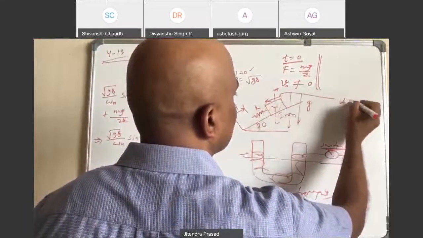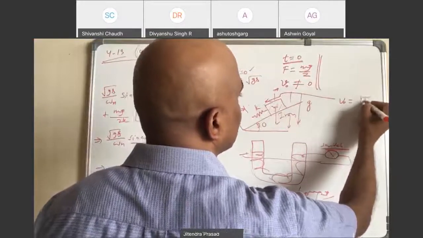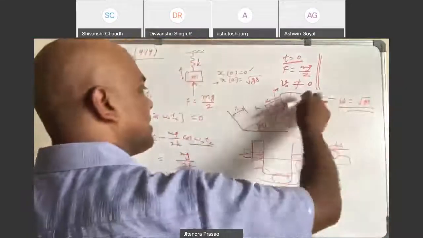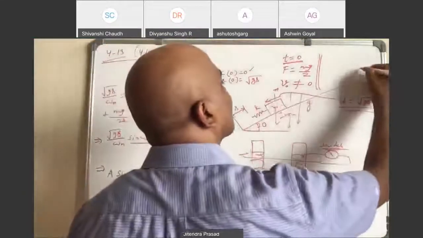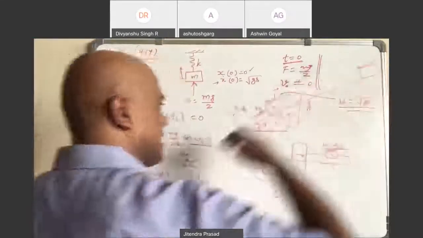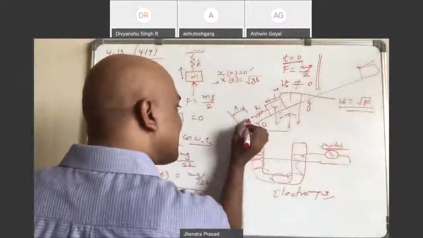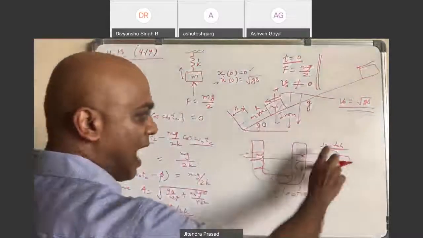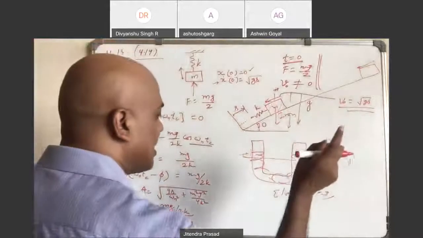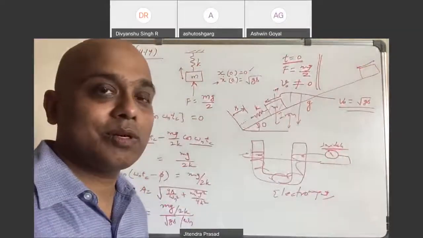V naught is equal to root gs. This constant velocity is coming from far away, like this one. But the moment this touches this one, I switch on the electromagnet also.